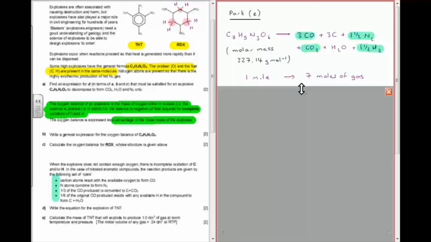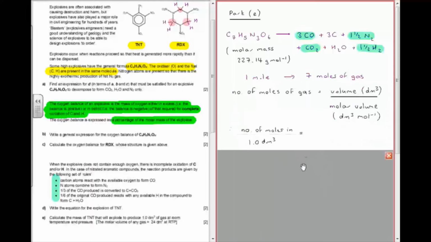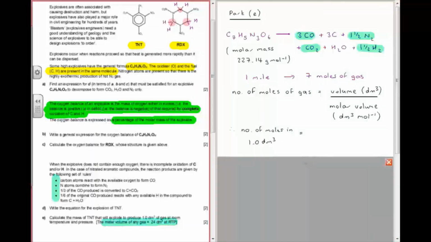If we know the molar volume of a gas, we can use the equation that the number of moles of gas is equal to the volume divided by the molar volume. Now the molar volume of any gas is given in the question as 24 decimeters cubed at room temperature and pressure. So we can use this value to calculate the number of moles in 1.0 decimeters cubed of gas.